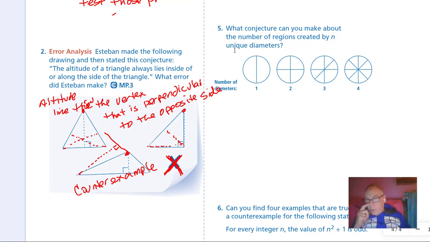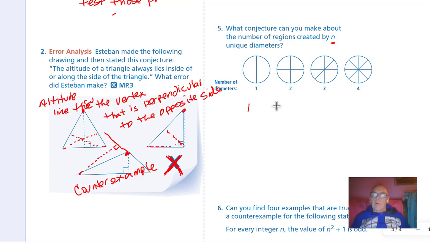So, okay, what conjecture can you make about the number of regions created by n unique diameters? I'm thinking with this one, make a table and then try to find the pattern from the table. And they want us to come up with a rule when they talk about n. They want us to use n like an x and make a rule.